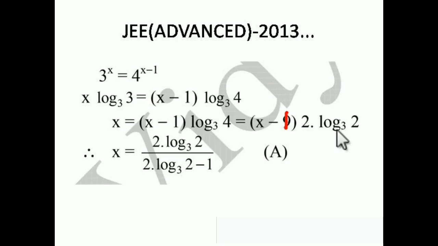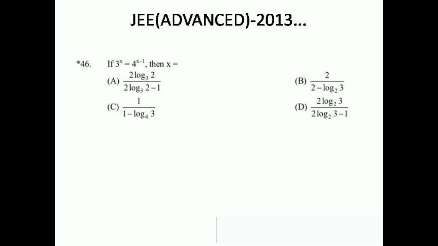Now again simplification, multiply this to this, and we have x is equal to 2 into log 2 base 3 upon 2 into log 2 with the base 3 minus 1. So that is option number A. So for me in this question, option number A, option number C, and option number B are right. So I have to mark 3 options, that is A, B, and C.